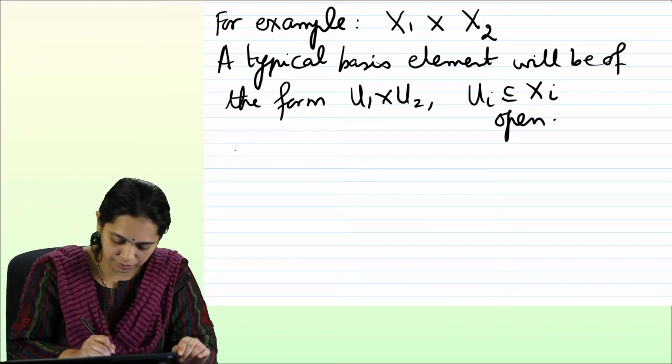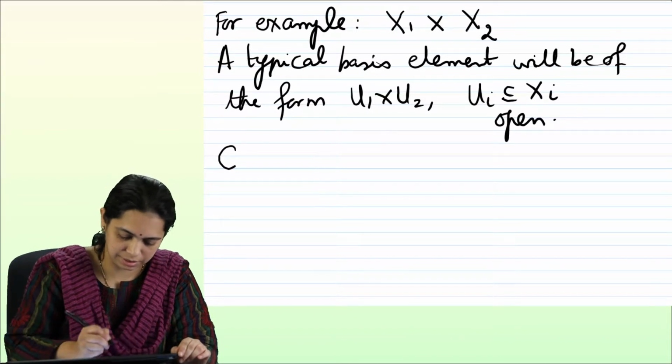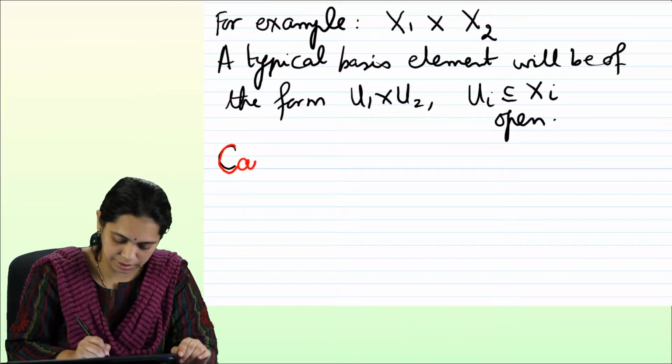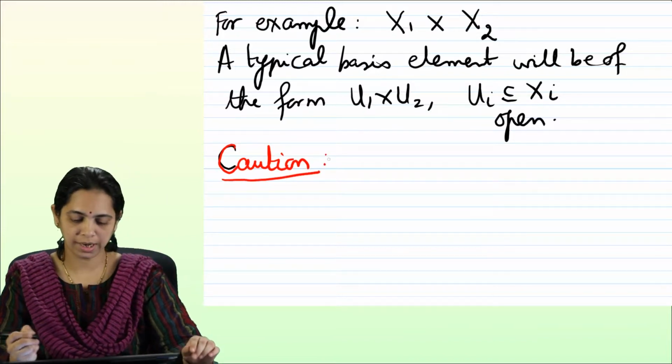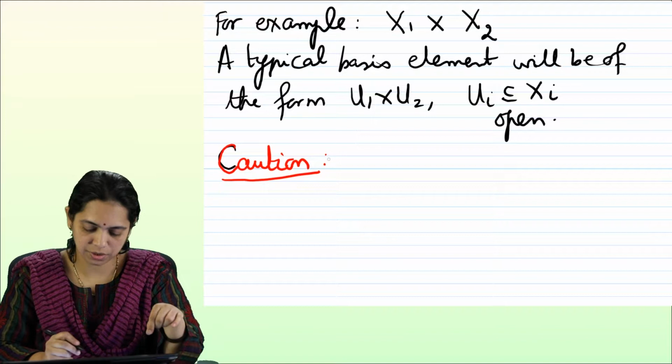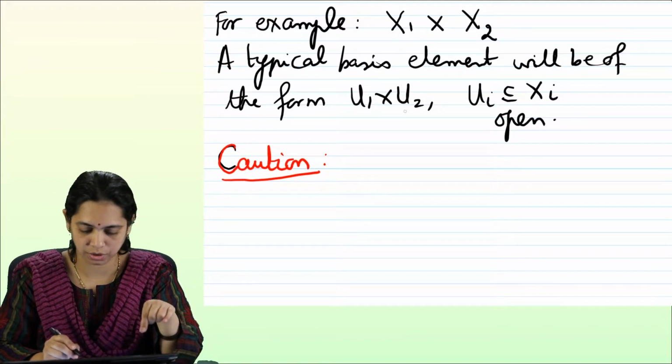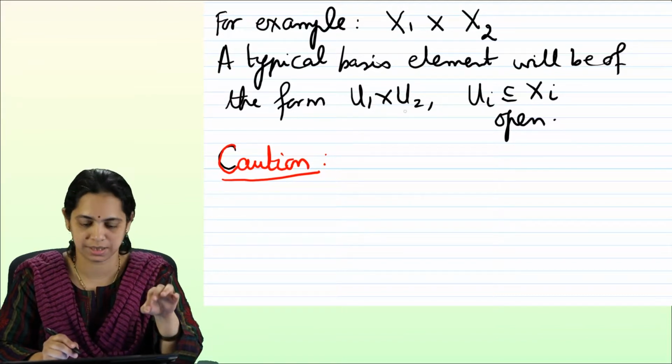An important word of caution needs to be said here. Note that elements of the type above, U1 cross U2, are only basis elements.